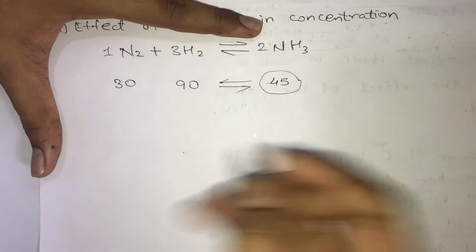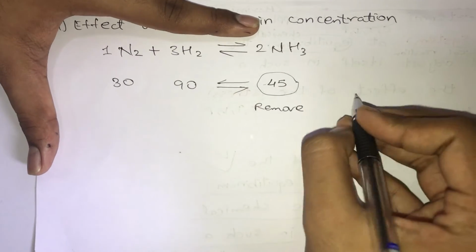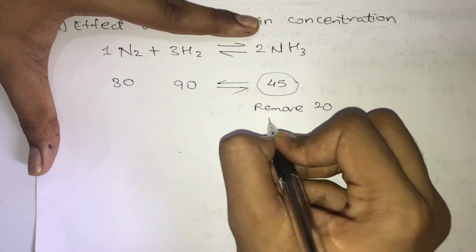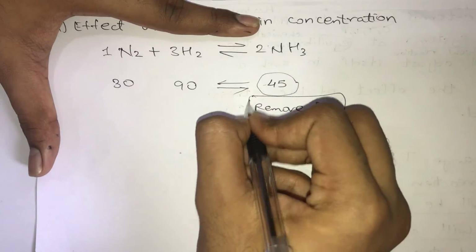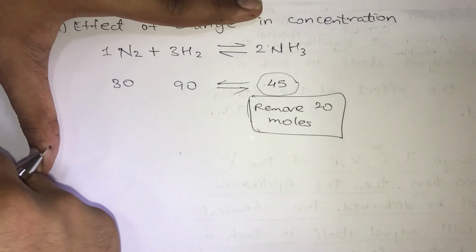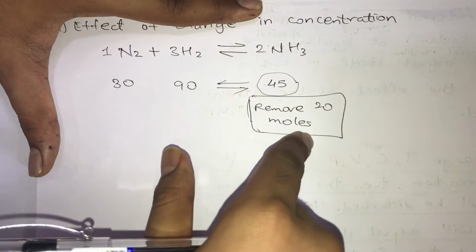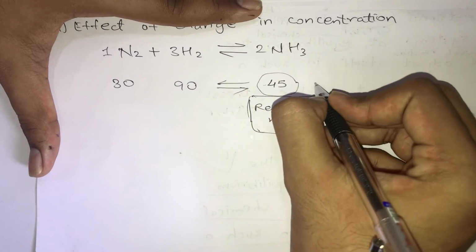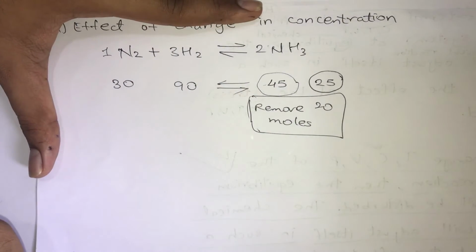Let's say that you remove 20 moles. Out of the 45 moles that you have obtained, you are going to remove 20 moles. Now if you remove 20 moles, how many moles are still left? Can I say 25 moles are still left?